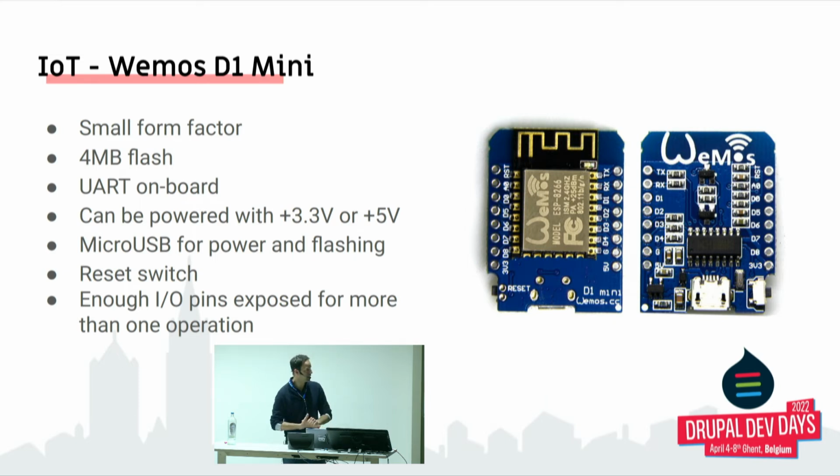It actually has more IOs than the one on top. It has a nice feature that you can connect it to the micro USB and program it, also power it with 5 volts. It has UART on both boards, so you don't need to have an extra USB device to program it. It has everything there. It's the little chip, the IC on the right, the black one.